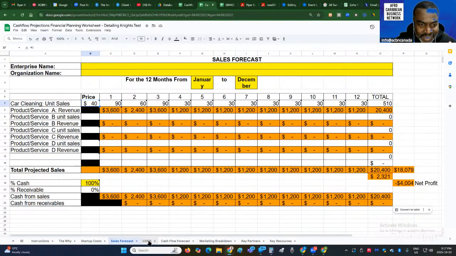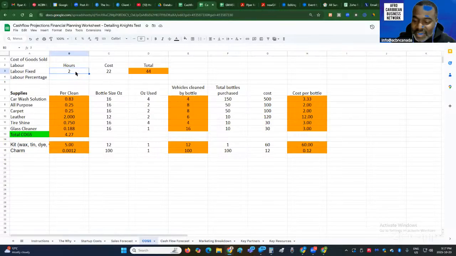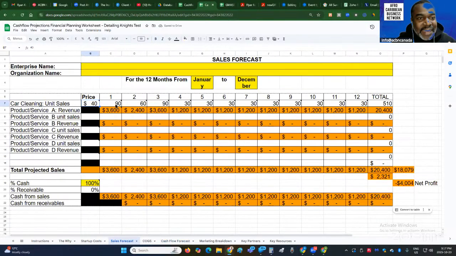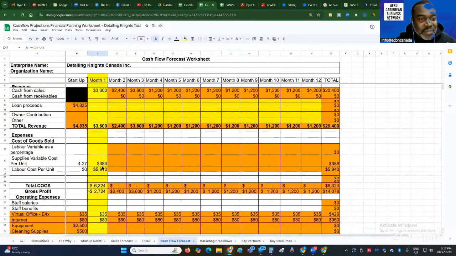But let's say I was doing it myself. So just to see, if we're cleaning 90 cars, $3,600, the labor, oh, that should be zero. Hold on. Let's put that at zero for now.